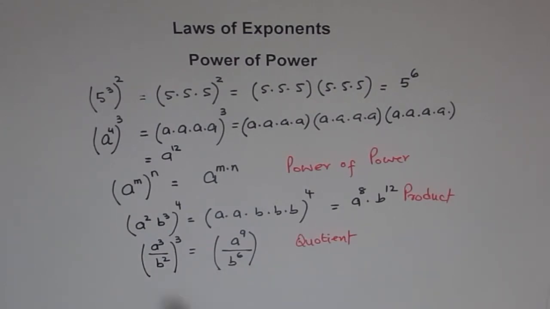But when we have power of power, we multiply them, okay? So multiplying powers with the same base results in addition of exponents, and power of power results in multiplication of exponents. Correct? So try to remember that, and then we'll move forward to zero exponent and negative exponents. Okay, thank you.